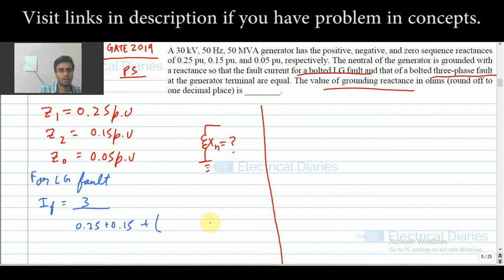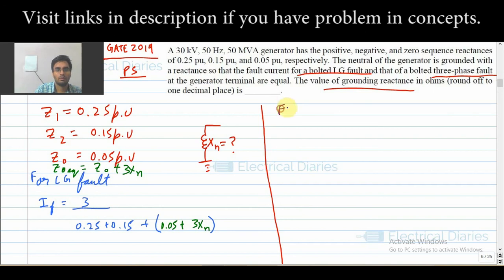And I hope you know that in the case of grounding with reactance, your Z0 equivalent will be Z0 plus 3 times Xn. So your expression comes out to be 0.05 plus 3 times Xn. This is for LG fault.